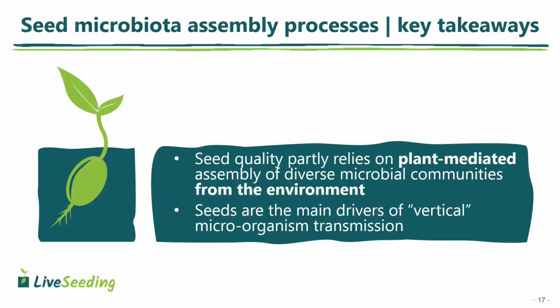To quickly go over what these last points imply, I'd simply state that the plant-mediated assembly of diverse microbial communities from the environment has a large impact on seed quality. And as another reminder, seeds are the main drivers of what is called vertical microorganism transmission, which is the type of transmission that occurs within a plant line from generation to generation.